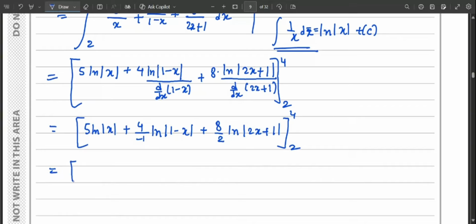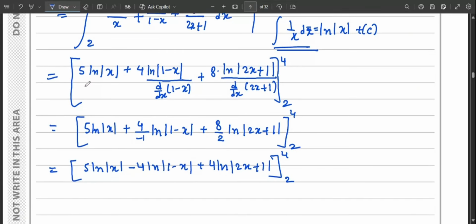Now further simplification will give us 5 ln x minus 4 ln of 1 minus x plus 4 ln of 2x plus 1 as our final expression, and then we give the limits.